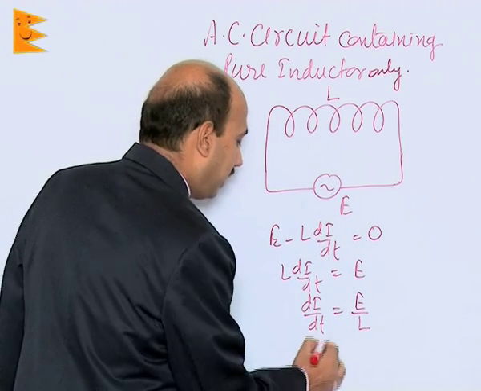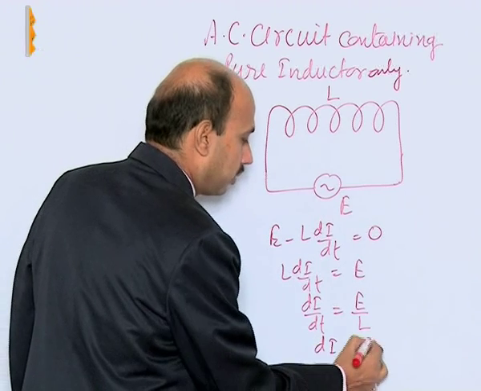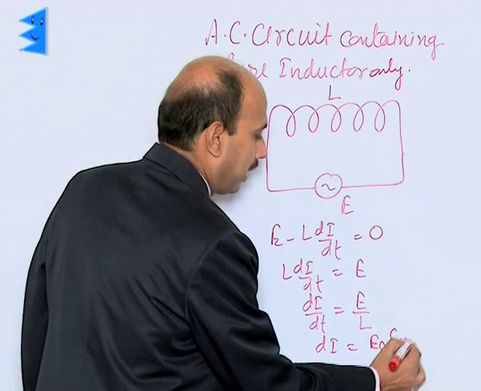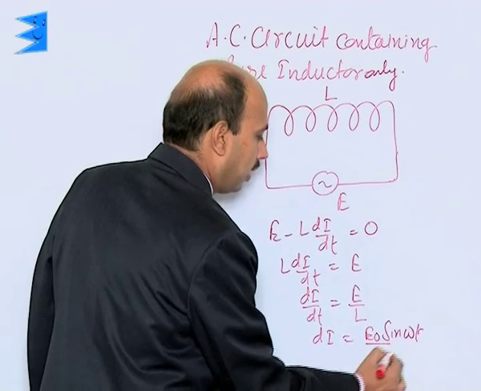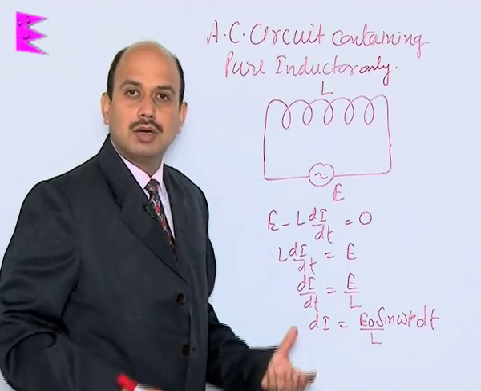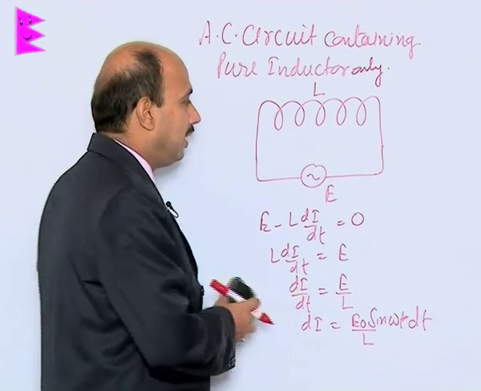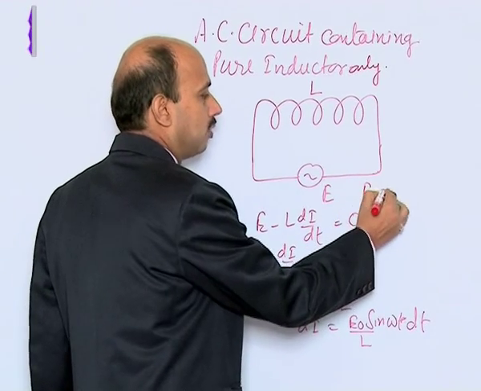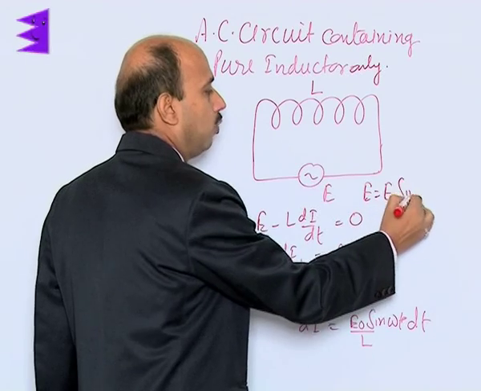And now here we can write di is equal to E naught sin omega t upon L, dt. By this equation we can calculate the current. We know the EMF in this case is E equals E naught sin omega t.